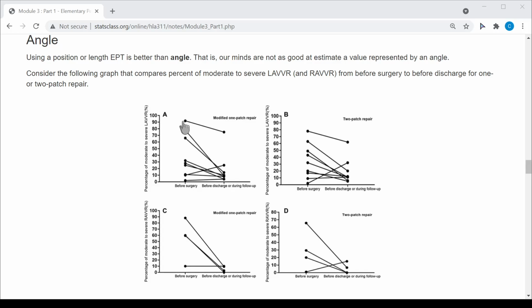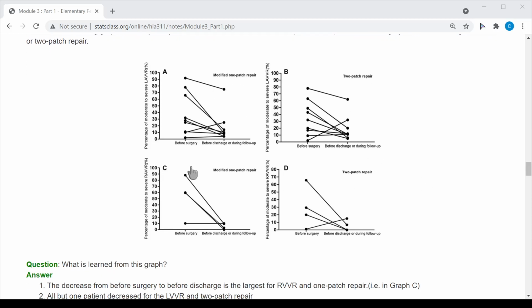What we're doing is representing how much change there was from before surgery to the follow-up setting or before discharge. Now they have presented 4 different graphs here, which we'll talk more about in the next module.